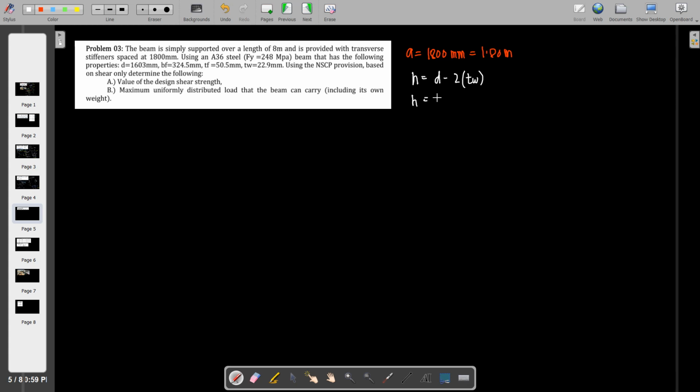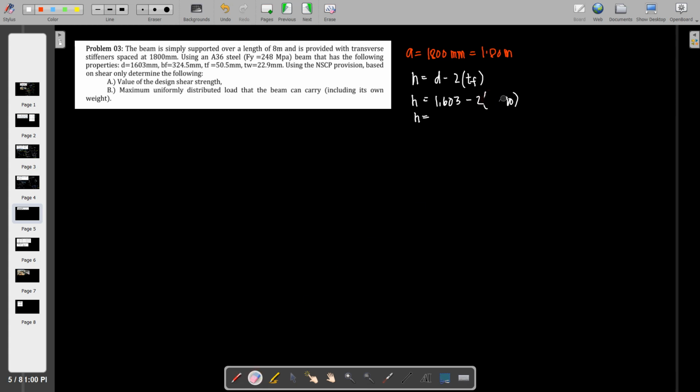So the depth in here is 1603 minus 2 times web thickness is 22.9. So we have here H is equal to, we should have thickness of the flange rather.